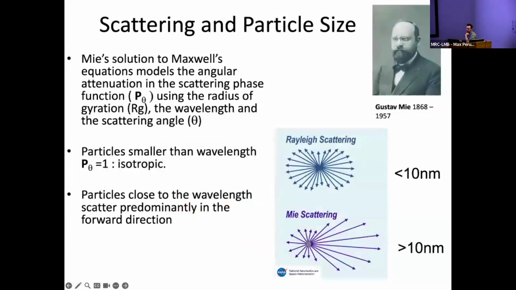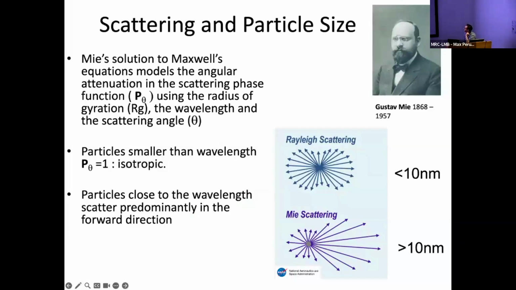For particles that are smaller than the wavelength, usually 10 times smaller, we get isotropic scattering, so the Rayleigh scattering. Once particles become close to the wavelength, we get Mie scattering, which is predominantly in the forward direction. Most of the protein work is going to be smaller than 10 nanometers. We do study complexes that are bigger, and then Mie scattering becomes more relevant.